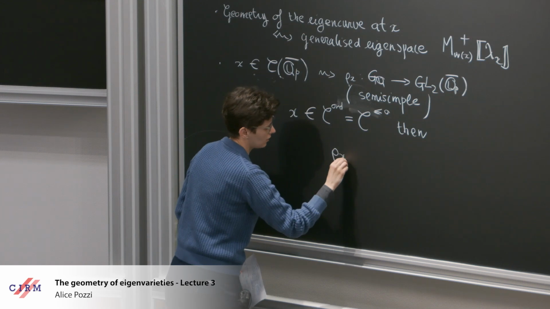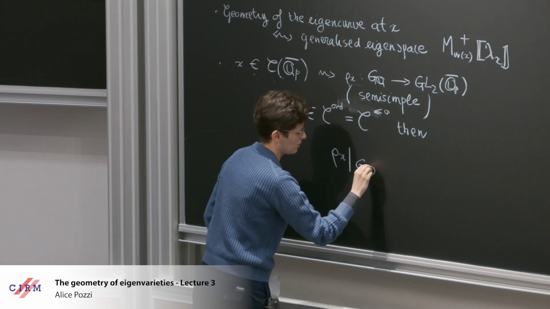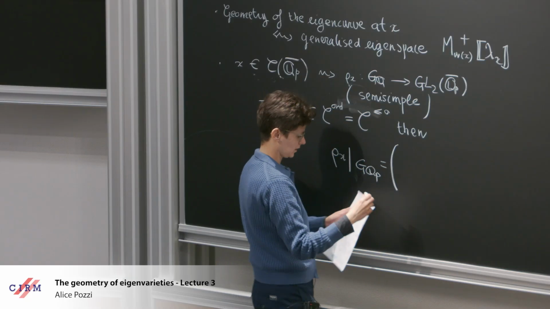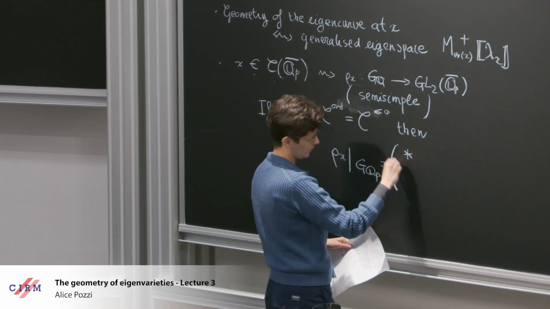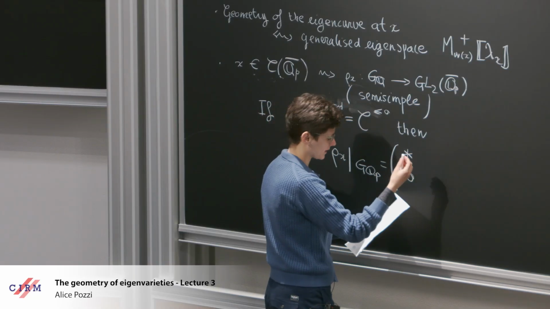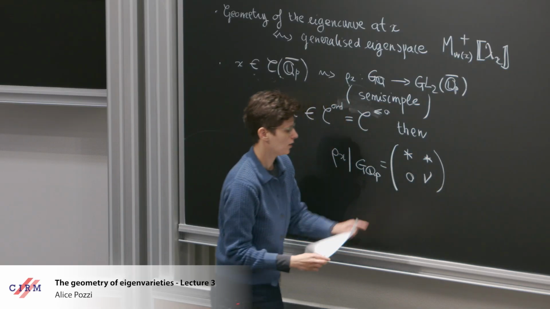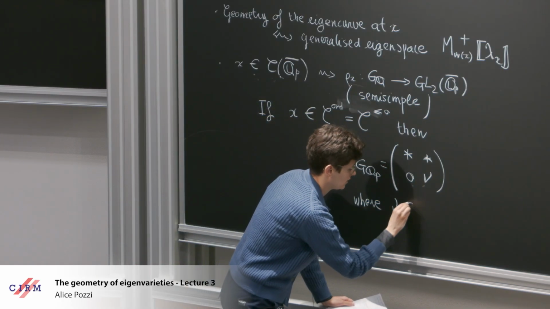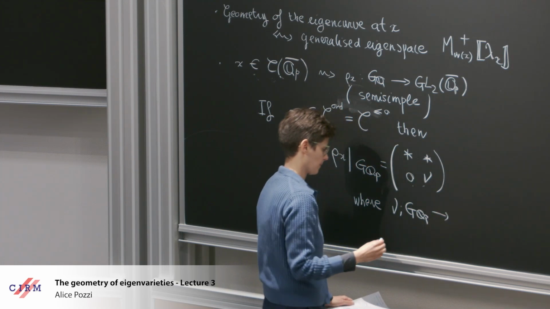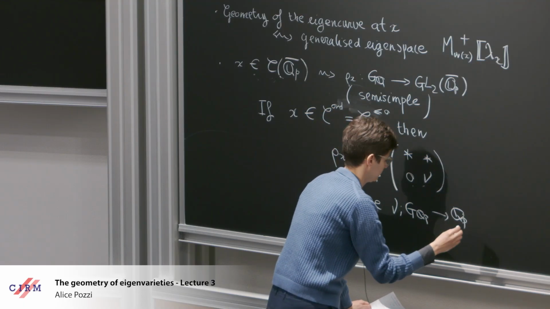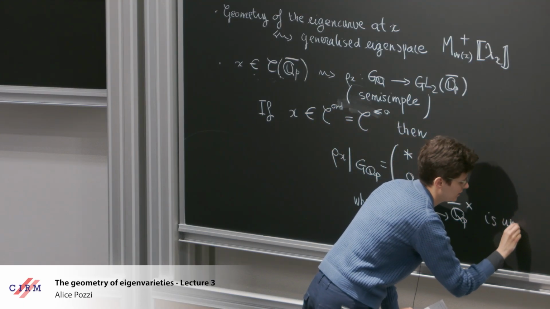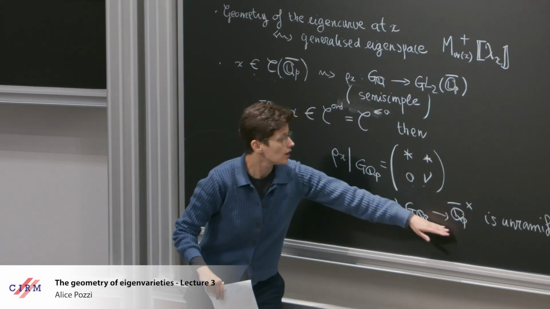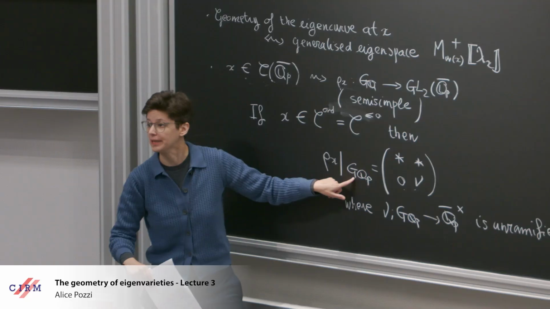The property is that rho_x restricted to the decomposition group at p is, up to isomorphism, of upper triangular form, where the quotient on which we have the action by a character is unramified and carries the information of the value of the operator U_p in the following way.